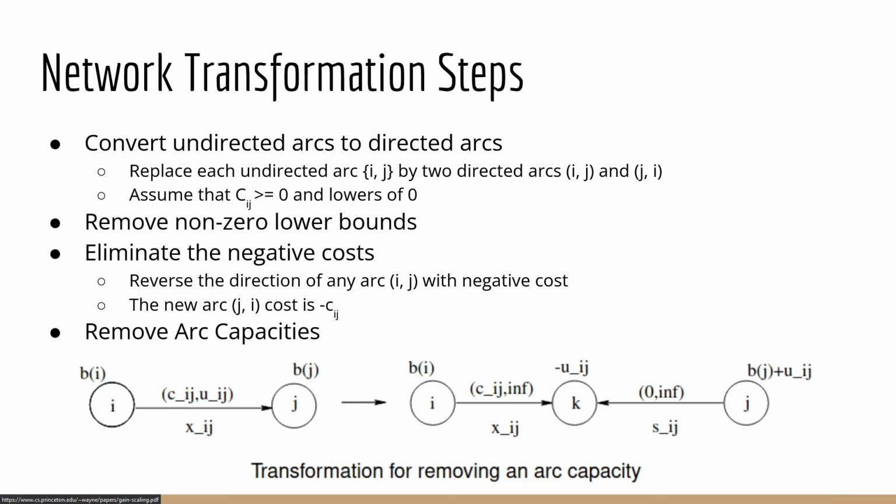Assume that the cost of this arc is greater than or equal to 0 and lower bound 0. You want to remove non-zero lower bounds. After that, you want to eliminate the negative costs. To do that, you reverse the direction of any arc ij with negative cost. The new arc ji cost is negative cij. After that, you want to remove arc capacities. Here's a small illustration demonstrating the transformation for that.